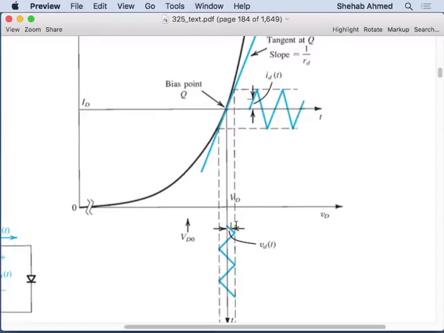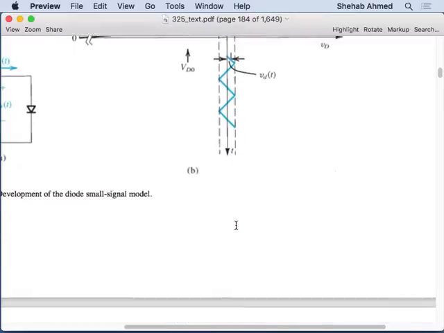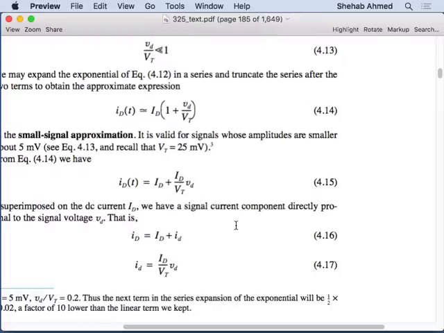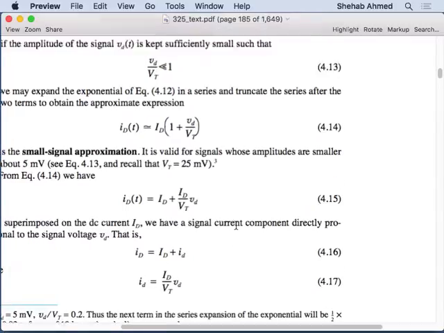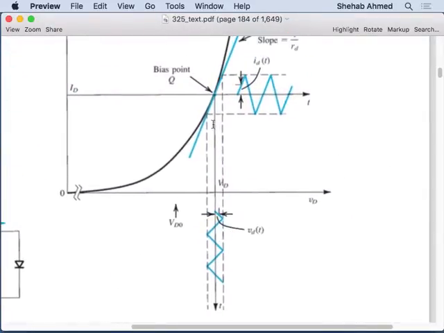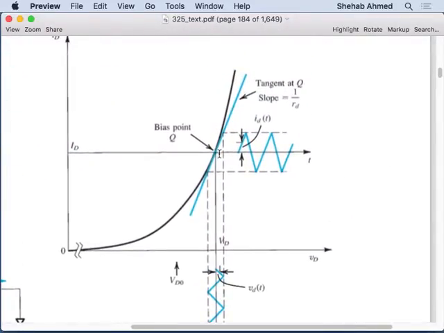So 5 millivolts is the limit. This allows us to do this superposition, and this is called the small signal analysis. So we did a DC operating point analysis, and then we did a small signal analysis given an assumption. And we will do the same for the MOSFET.